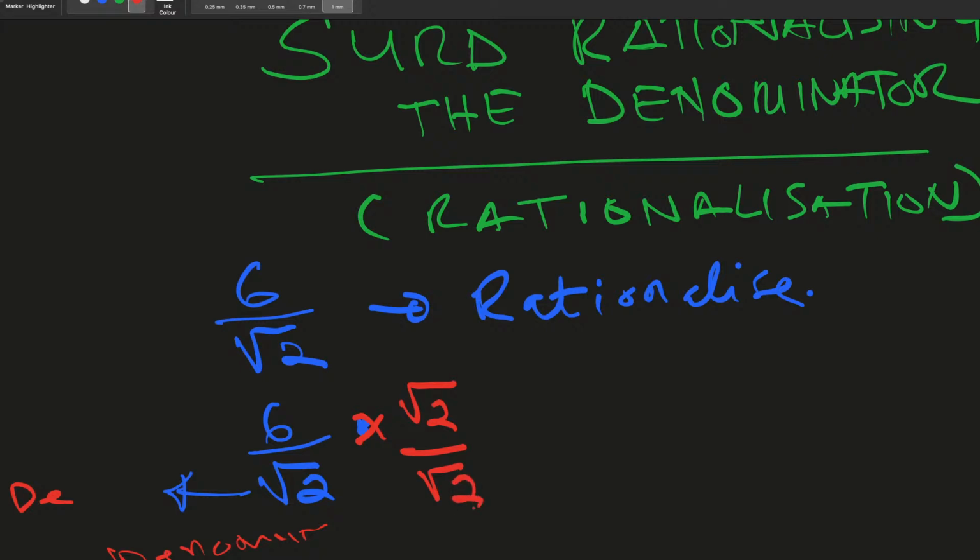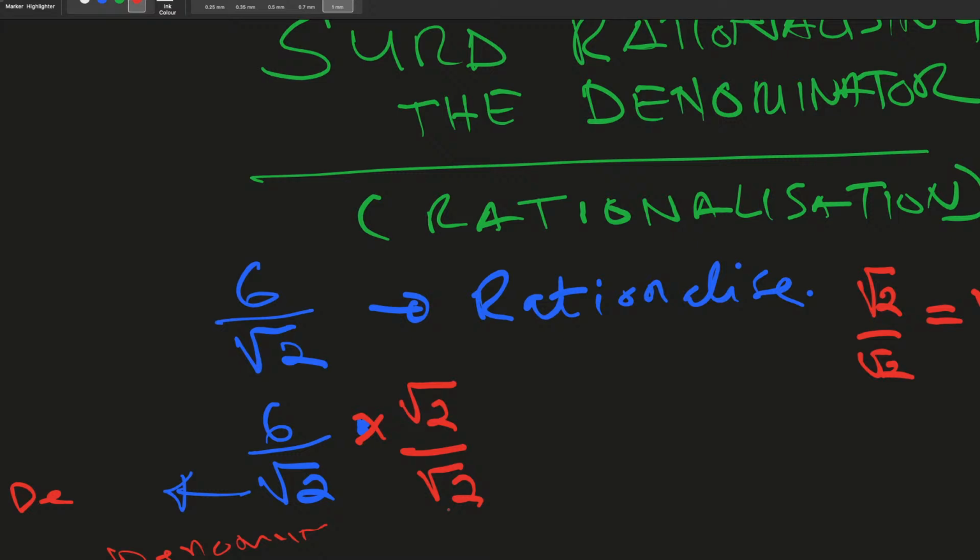Why? I haven't done anything so strange. Because I know root 2 by root 2 is just 1. So it's just like me multiplying the whole thing by 1. Because I know root 2 divided by root 2 is 1.